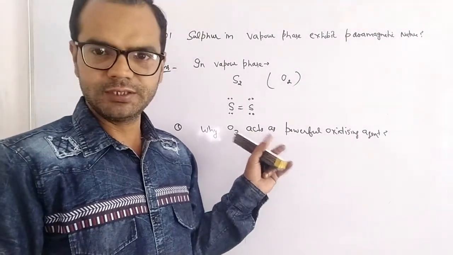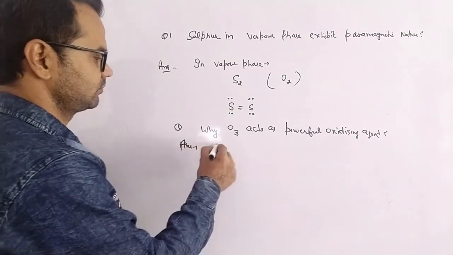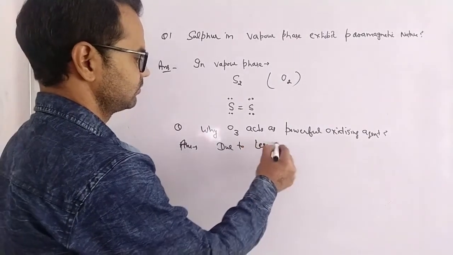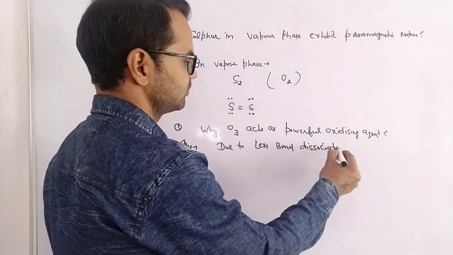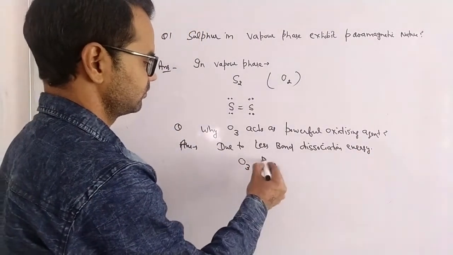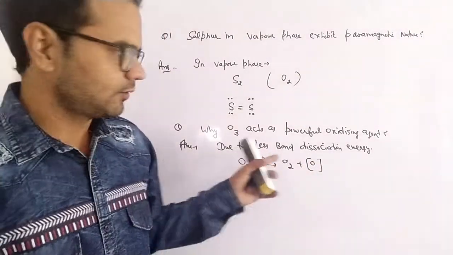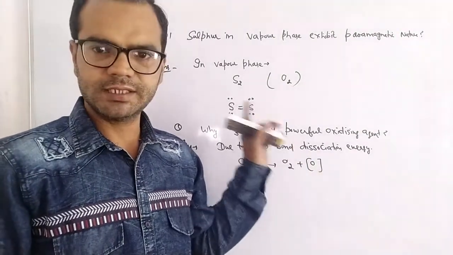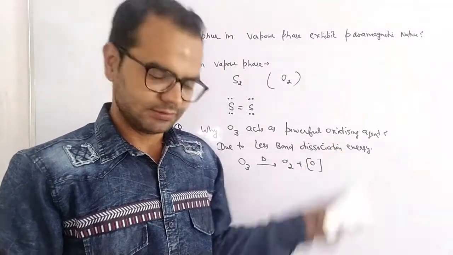Due to its low bond dissociation energy. Due to less bond dissociation energy, it dissociates to give nascent oxygen, and this nascent oxygen oxidizes various compounds. That's why ozone acts as a powerful oxidizing agent.